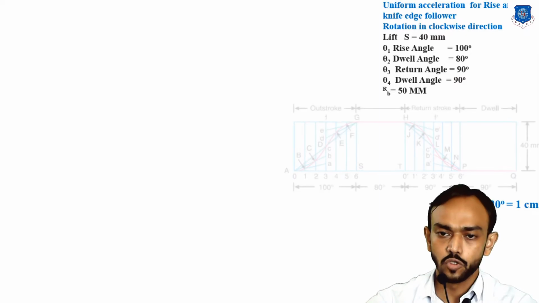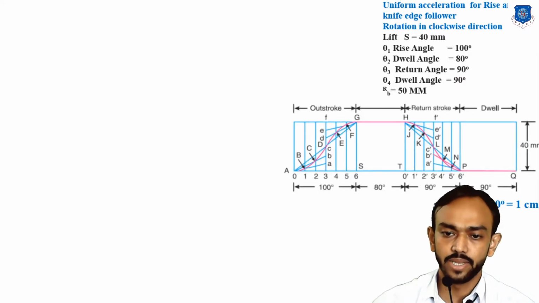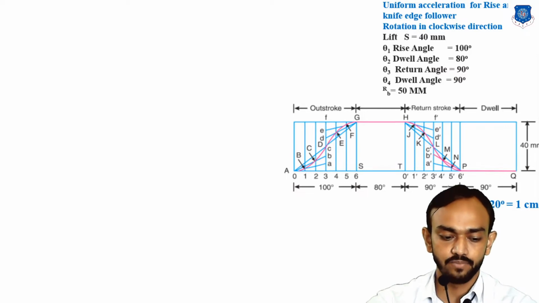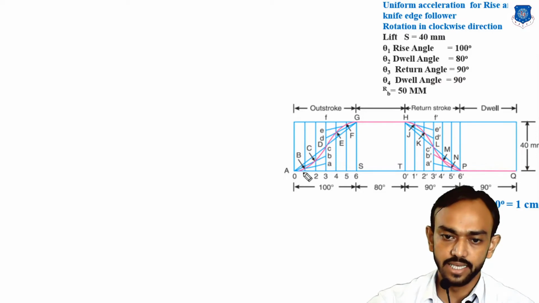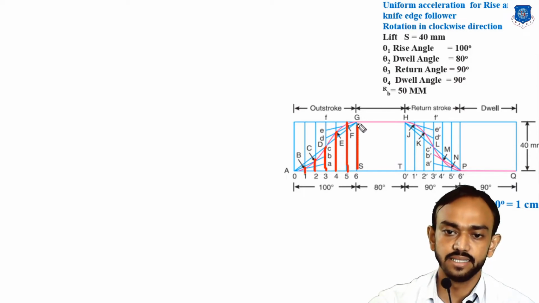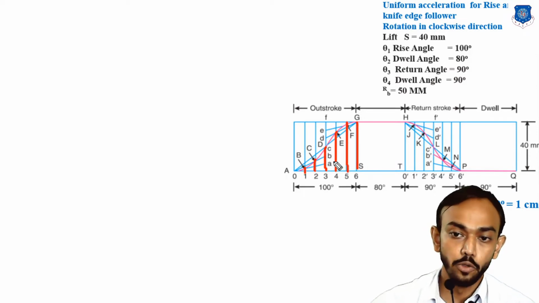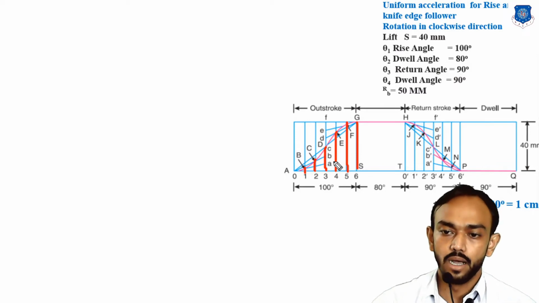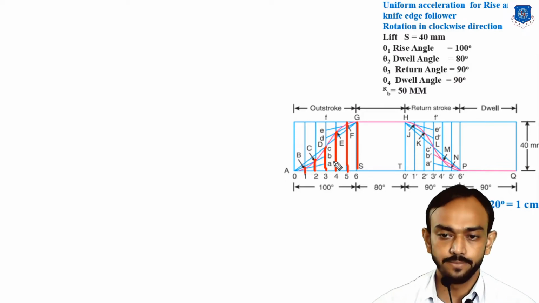This is the diagram we obtain, and the distances we use during the example are the distance between 1 and B, 2 and C, 3 and D, 4 and E, 5 and F, and 6 and G. We need these distances during the cam profile, so make this very carefully.